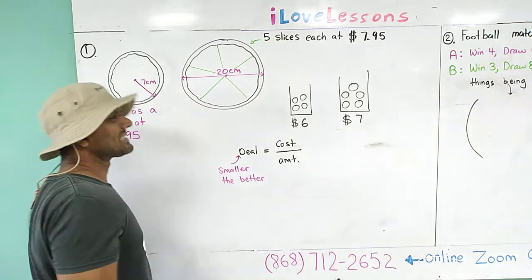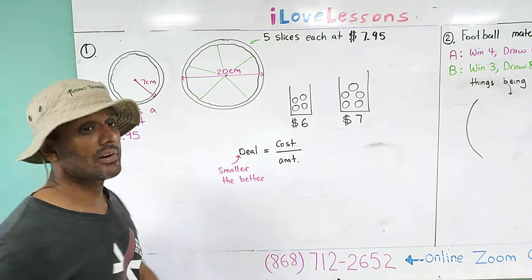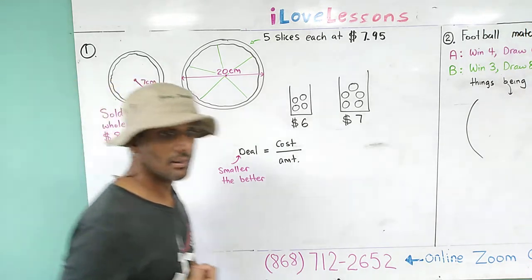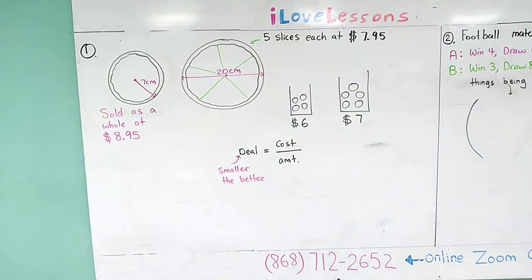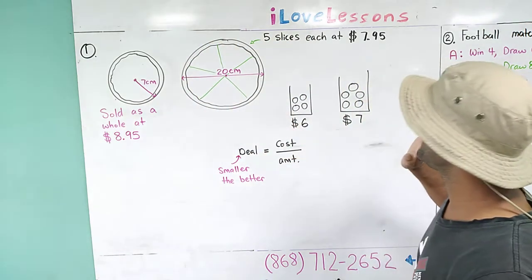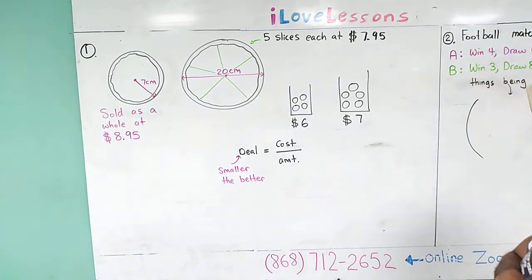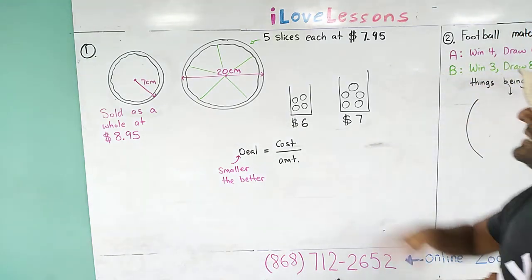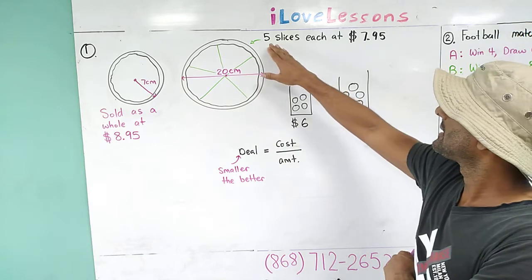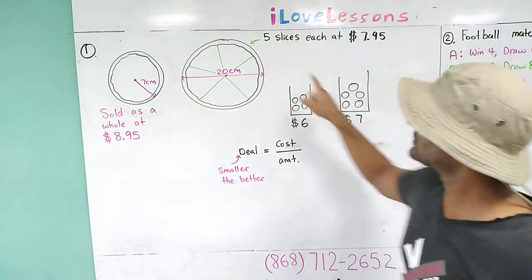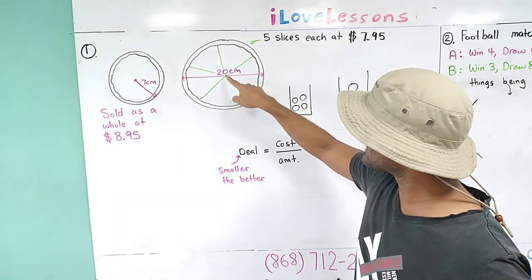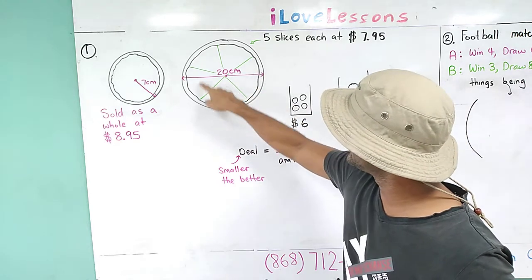The bigger pizza has a slightly different deal. You cannot just buy the whole big pizza. Well, you could, but instead they price it by the slice. So this pizza has 5 slices. 1, 2, 3, 4, 5.